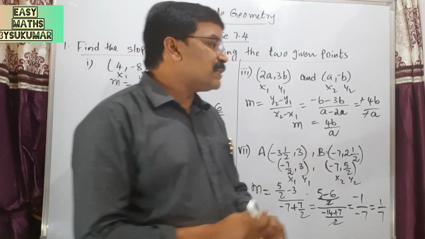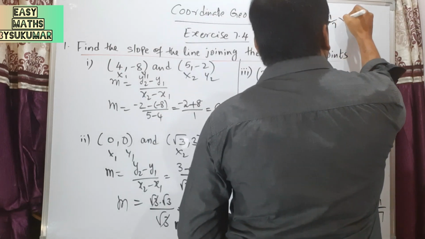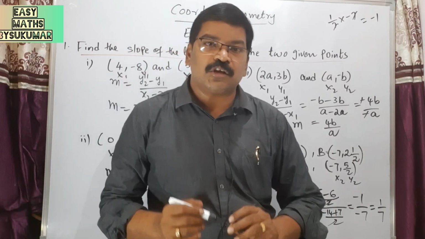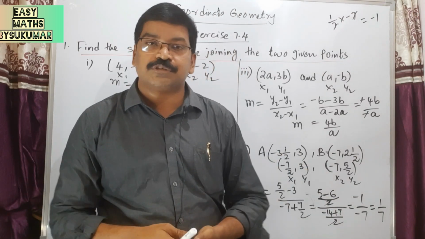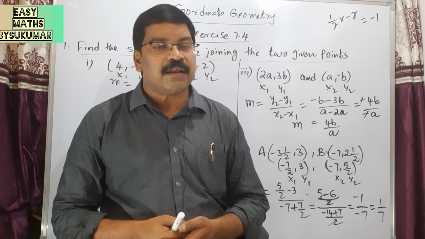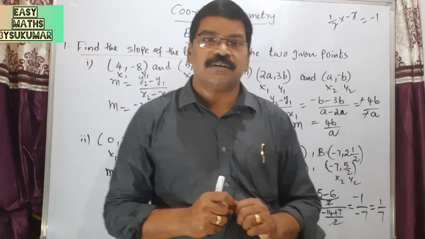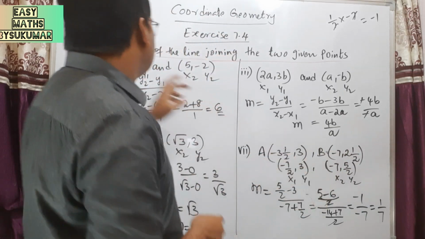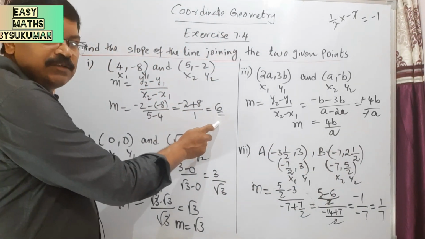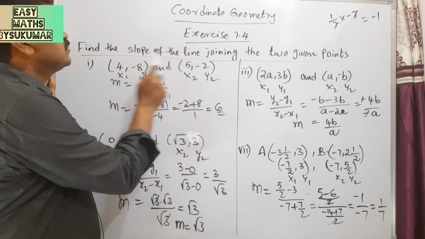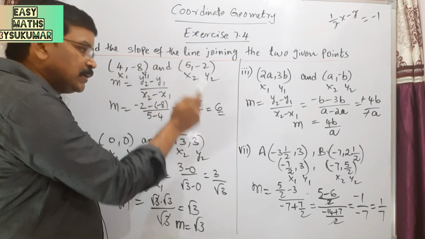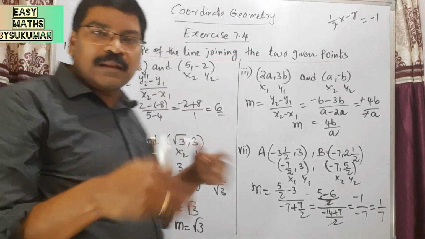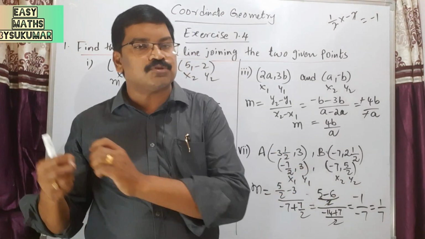Why? 1 by 7 into minus 7 is minus 1. If two lines are perpendicular to each other, then the product of their slopes is equal to minus 1. And if two lines are parallel to each other, then their slopes are equal. Okay, so what is the slope of the straight line which is parallel to the line segment joining these two points here? That is 6 only. Why? The slope is 6. The parallel line also has the same slope.